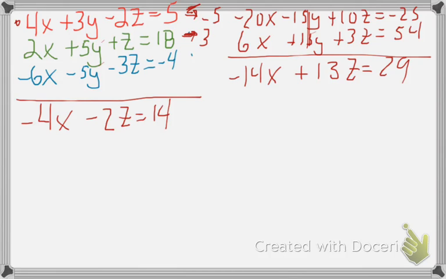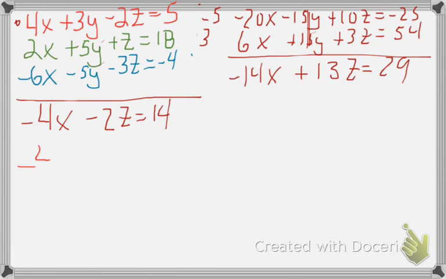Now what we've done is we've effectively reduced, I'm going to erase these little marks right here. What we've done so far is eliminated y. Let me move this down here so we can clearly see.